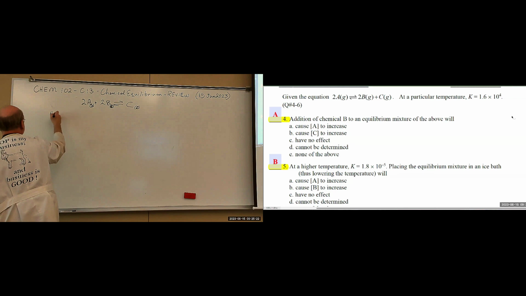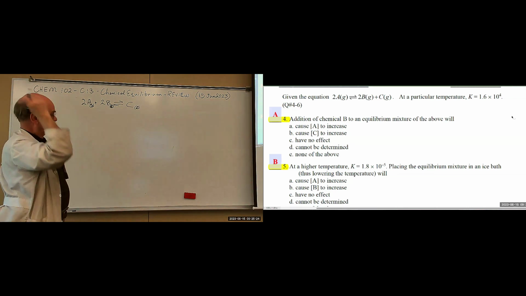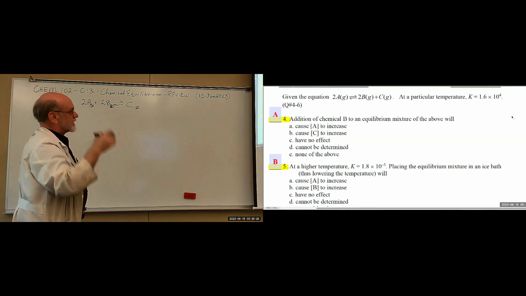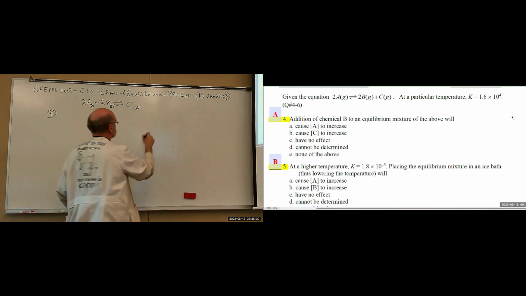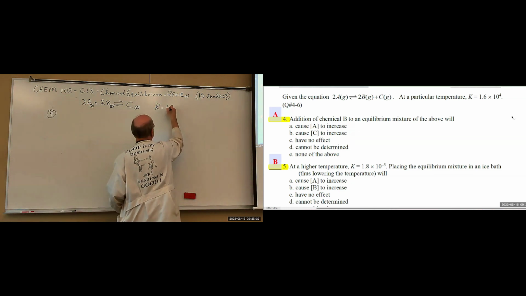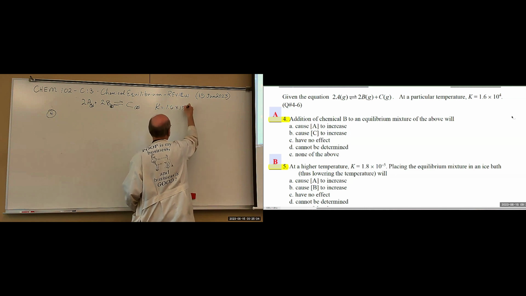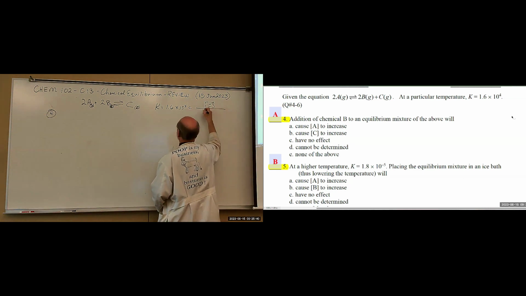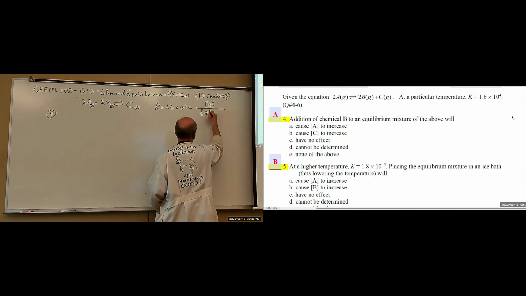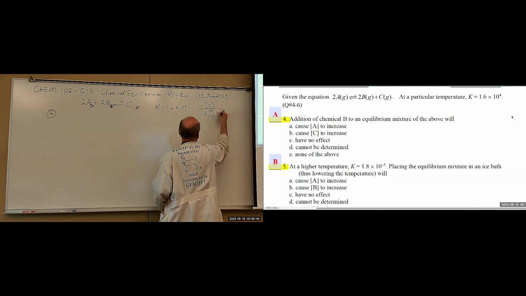So 4, referencing that equation. At a particular temperature, K is equal to 1.6 times 10 to the 4th. And we might as well put the equation in here because we might need it. So C is on top. A is squared and B is squared.